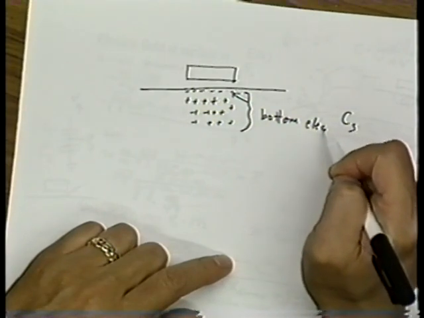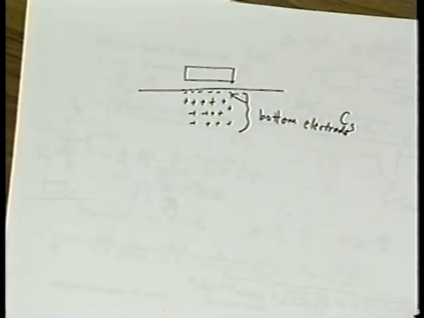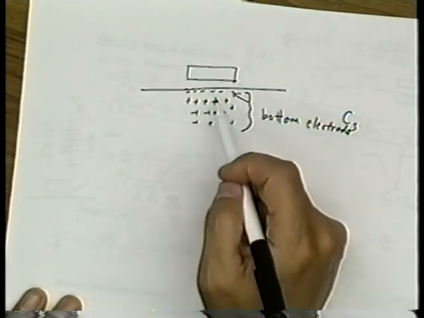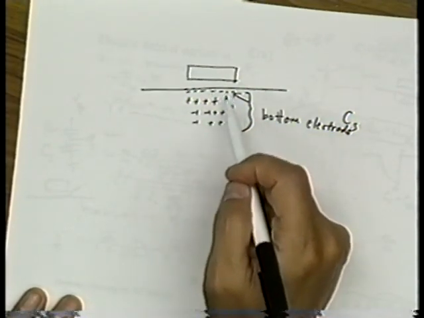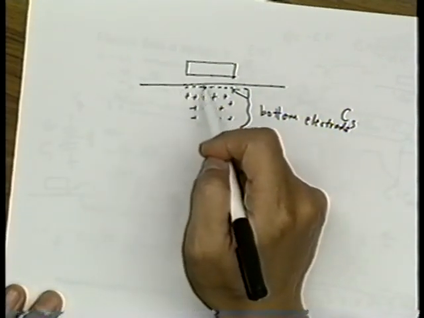Bottom electrode. All right? So let's remember, when I talk about a surface electrode, when we talk about surface potential, I am excluding the charge in the inversion layer. That belongs to the bottom electrode. So the electrode itself is just a mathematical plane.